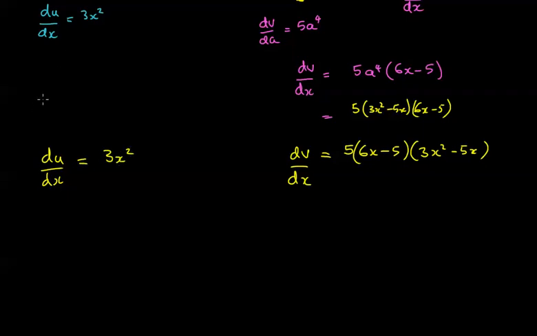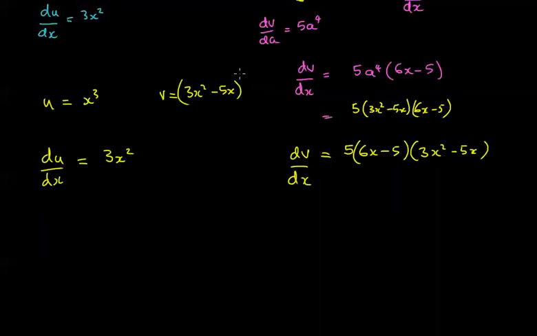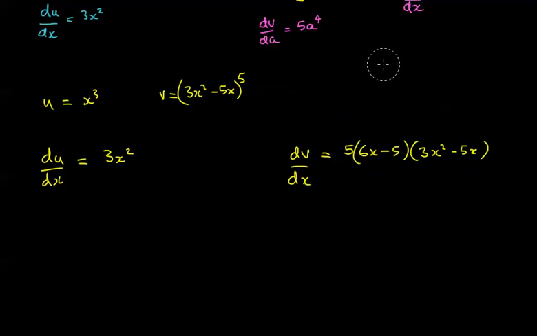I'm just going to write above it what u was. u was x cubed, and v was equal to 3x squared minus 5x to the power of 5. Now let me rub out all of this junk here. Don't need that. Now we're going to use these in our template for the product rule.